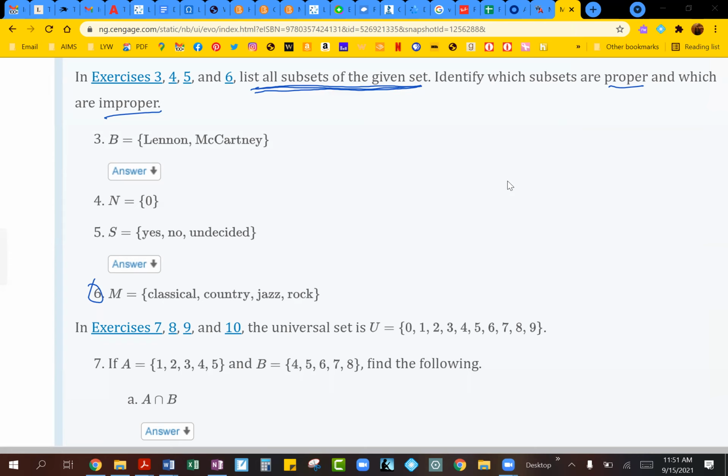You don't have to give them names, just use your braces and then whatever you want to put inside of it. If you're doing multiple ones, then just use a comma to separate your subsets. Remember, you can have multiple subsets. There's not a rule that you should only have one.